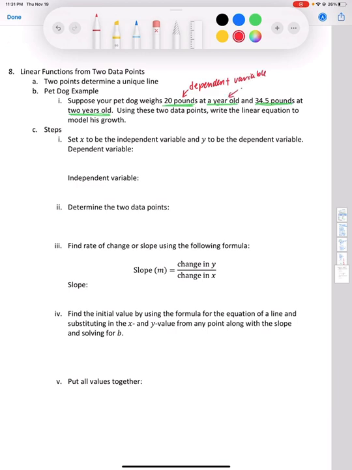And the years are the independent variable. Pounds depends on years. Okay, so he has different pounds as the years increase. All right, so the dependent variable is going to be the weight in pounds.